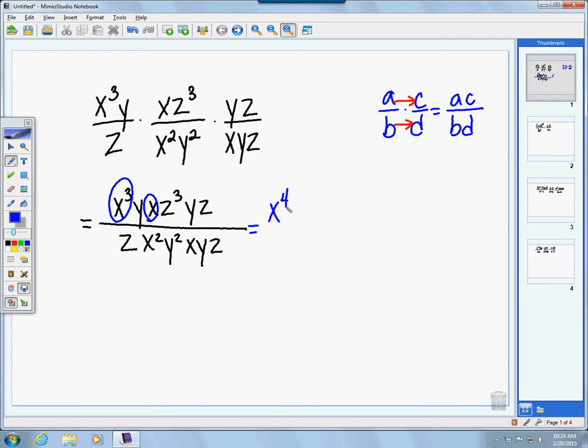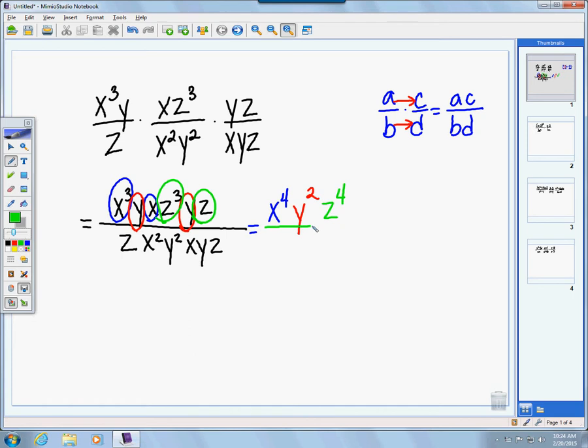Also recall that since you have an x cubed, your other x has an exponent of 1, hence why I have x to the 4th. 3 plus 1 is 4. Let's take a look at our y values then. I have a y times a y, so that would give me a y squared. And then lastly, I have a z cubed and a z. So z cubed times z gives me z to the 4th.